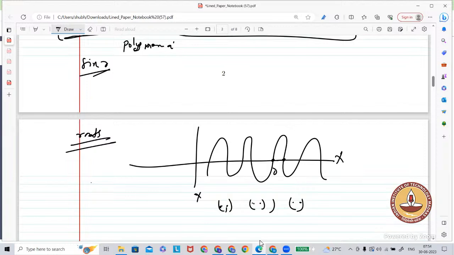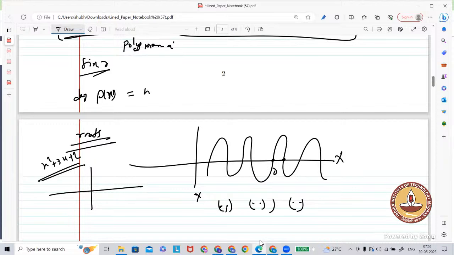For simplicity, we have x square plus 3x plus 2. So this polynomial has two roots. One thing, last time I discussed, if you have a polynomial which has degree n, that means it has at most n different roots.